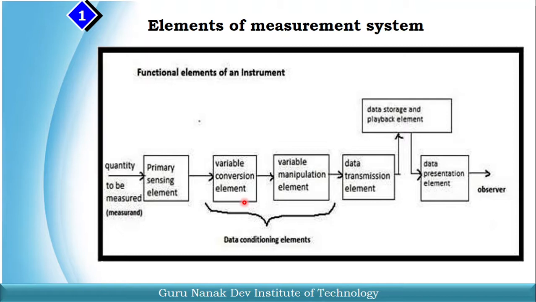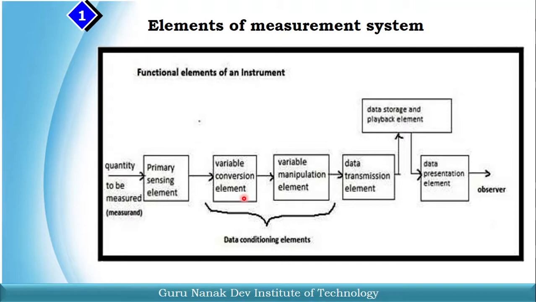Variable conversion element means to convert the data into a suitable form. Suppose your control system is digital but the output of the sensor is analog. You need to convert your data into digital form, so this variable conversion element may be an analog to digital device.